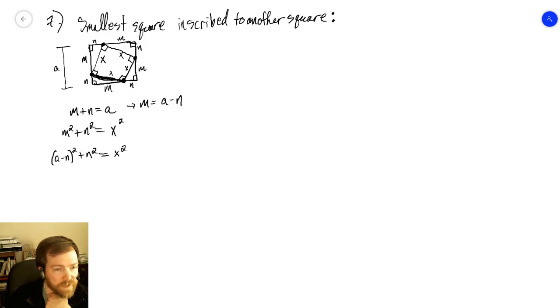All right, so we can expand this out. Okay, this is actually going to reinforce. So this is going to be a squared minus 2an plus n squared again is equal to x squared.